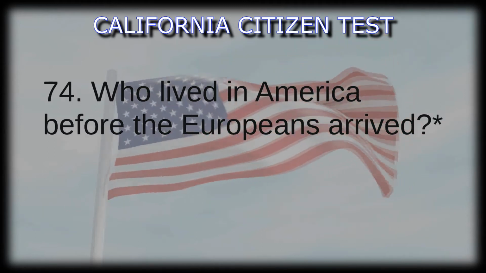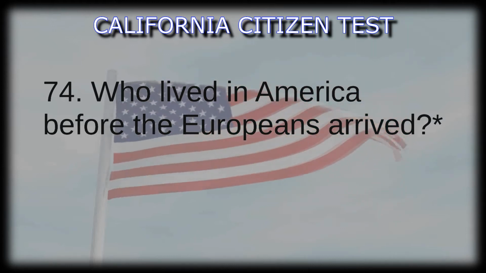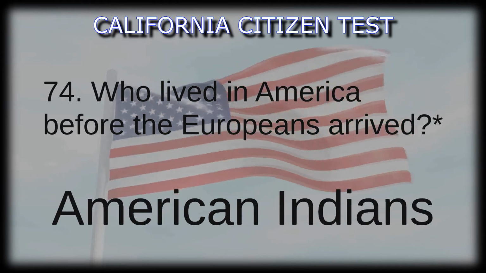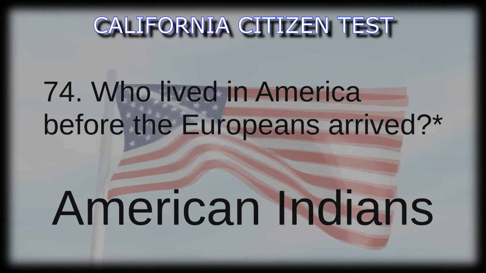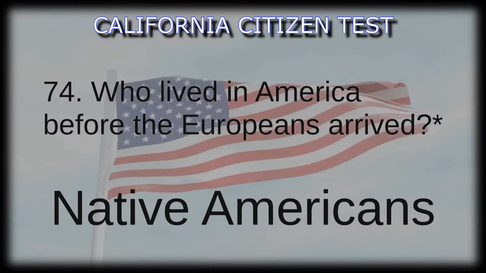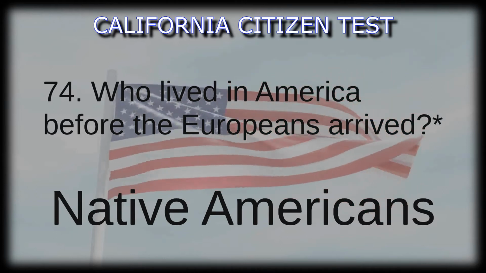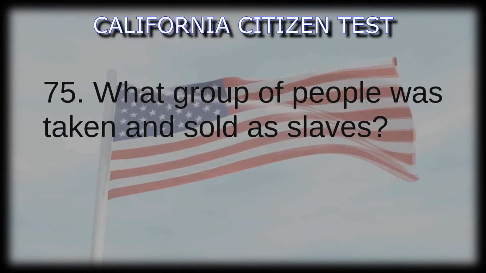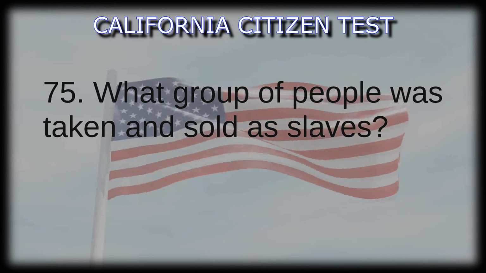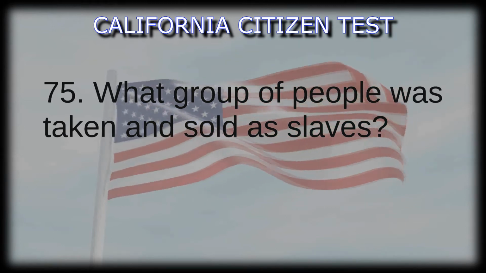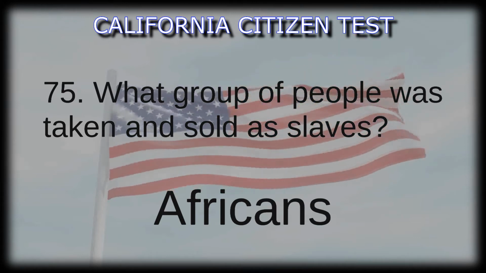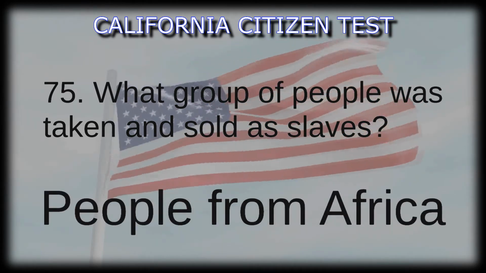Who lived in America before the Europeans arrived? American Indians. Native Americans. 75. What group of people was taken and sold as slaves? Africans. People from Africa.